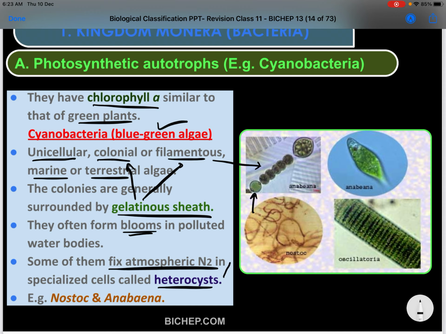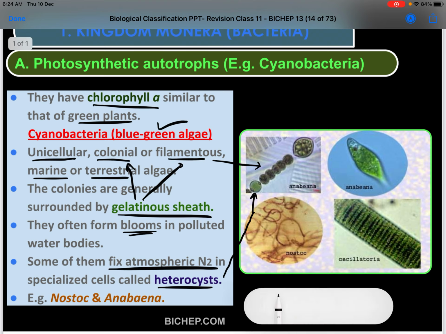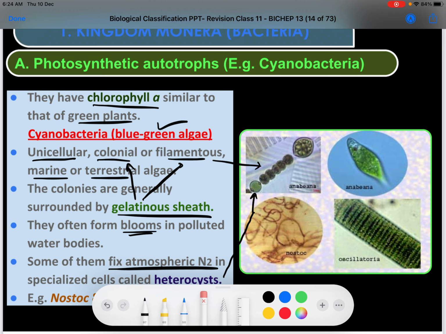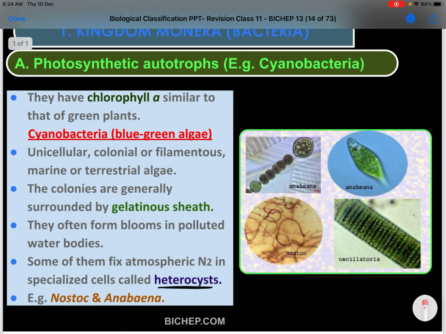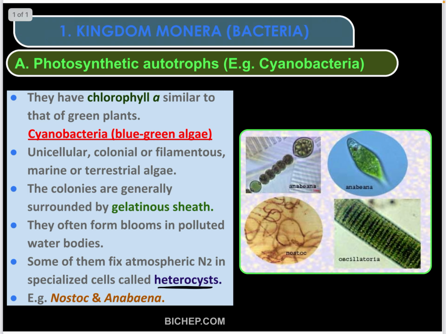It is the heterocyst in the Anabaena. So in those colonies or filaments, a few cells are heterocysts, and they are fixing the nitrogen. And two basic examples of the Cyanobacteria are Nostoc and Anabaena, which are given in the textbook. So please take the screenshot of the slide.